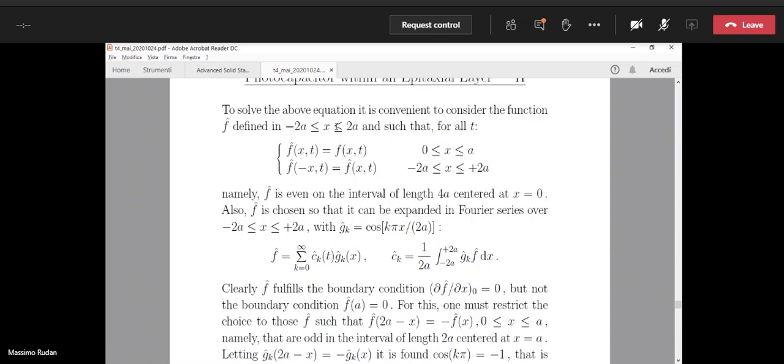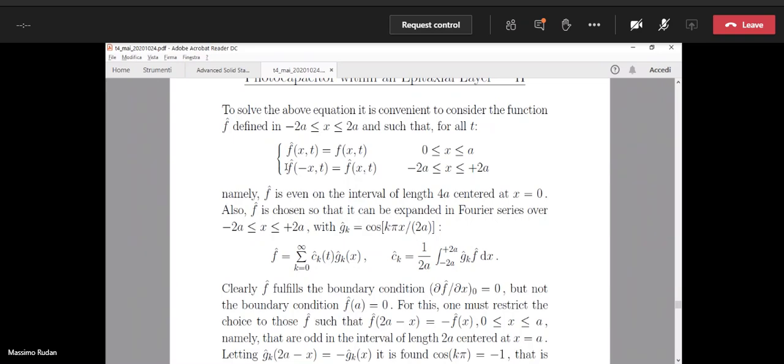And then we shall force f hat to be equal to the actual unknown f in the interval of interest between 0 and a. And then, since we have some freedom in the selection of this function f hat, we impose that in the larger interval between minus 2a and plus 2a, this function is even.